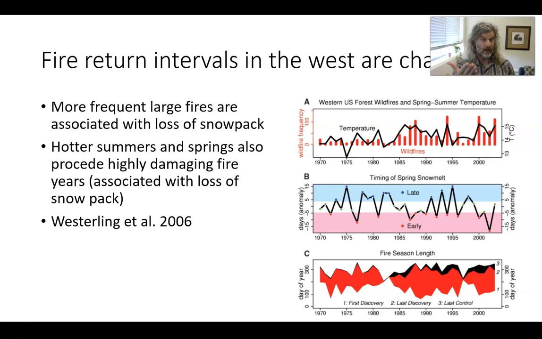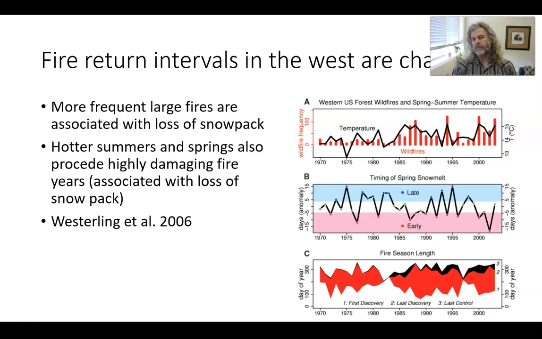This makes biological sense. The forests are essentially more dry. The trees themselves are more likely to carry fire, and the conditions are simply hotter. And wildfire conditions at the time of the fire are influenced by the ambient temperature.